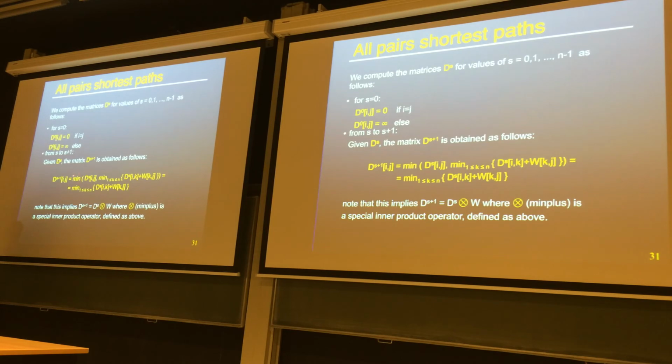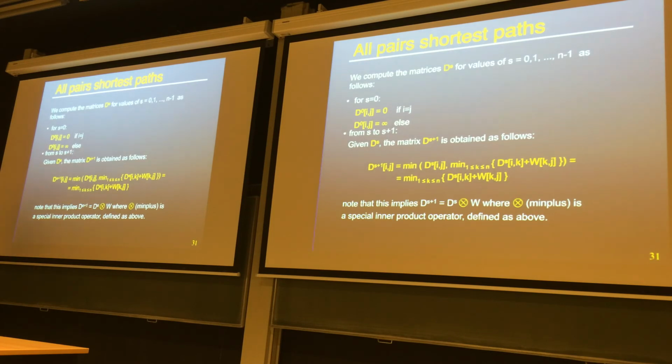Yeah? Okay, if you now take the minimum of those two, so going directly from i to j using s edges, and going from i to j using s+1 edges, if you take the minimum of that, then that is equal to D^(s+1)_ij. Yeah?